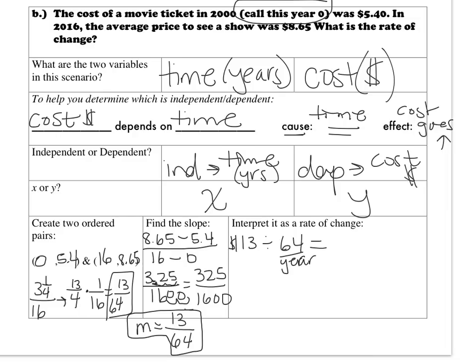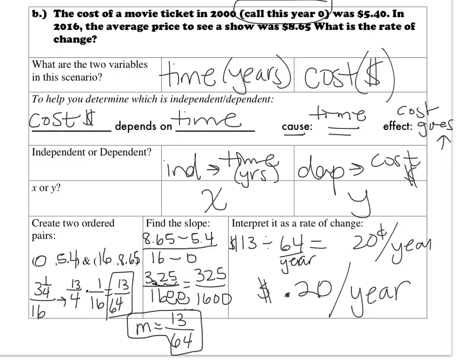We're going to put a 0 there, because 20 cents per year is the change. We could also just write 20 cents per year. Notice if we're putting a dollar sign, you have to have the decimal. If you want to take the decimal out and call it 20 cents, that works too. Either one is fine.